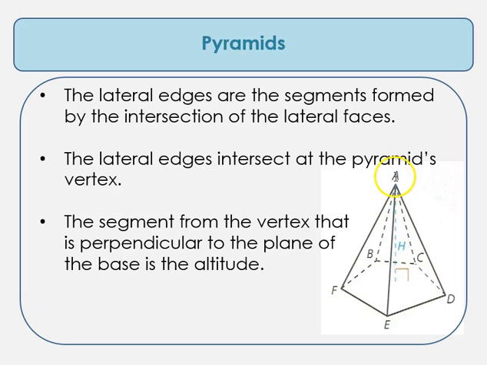So a line from A down to the base, and the base is BCDEF, is dropped so that it's 90 degrees, and that is the altitude of this pyramid. Lateral edges such as AC and AE intersect at the pyramid's vertex, which is point A.